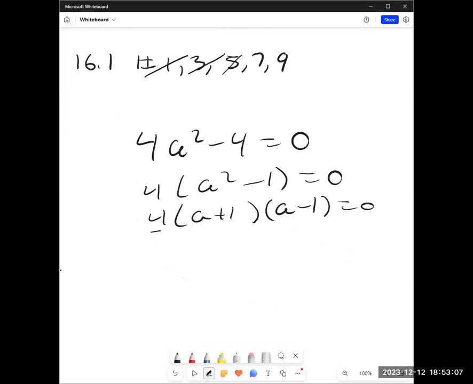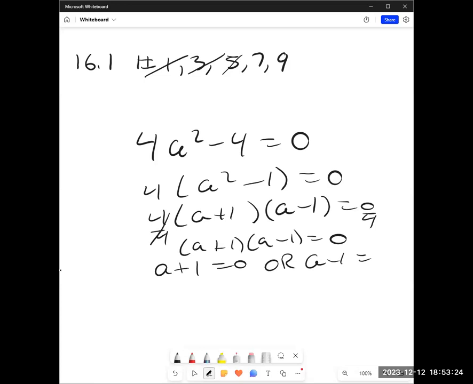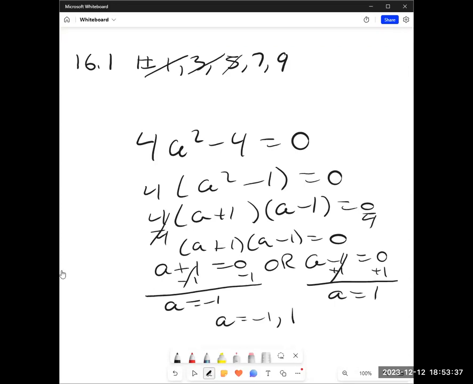And we're going to divide by that non-zero coefficient out front, which doesn't change the answers. a plus 1 equals 0, or a minus 1 equals 0. a equals negative 1, or a equals 1.